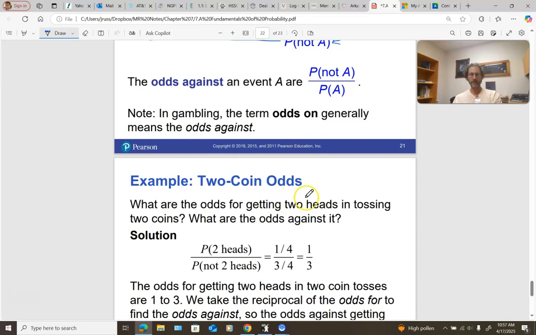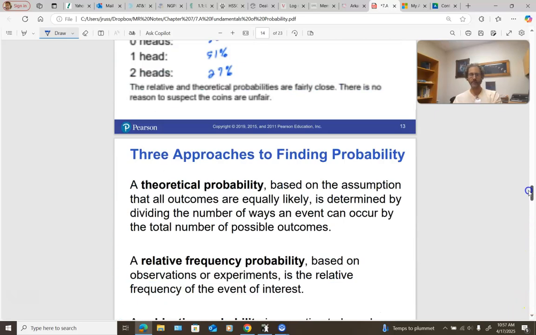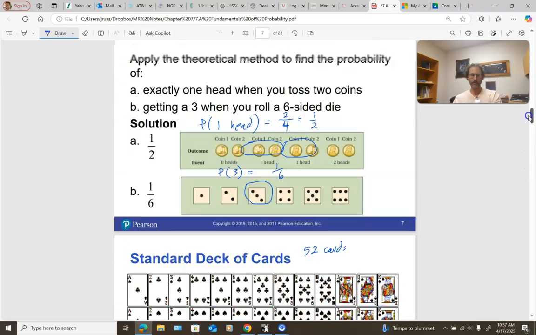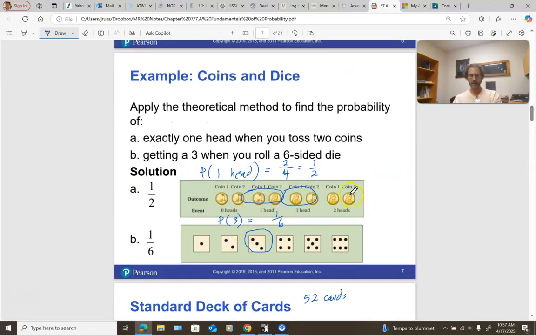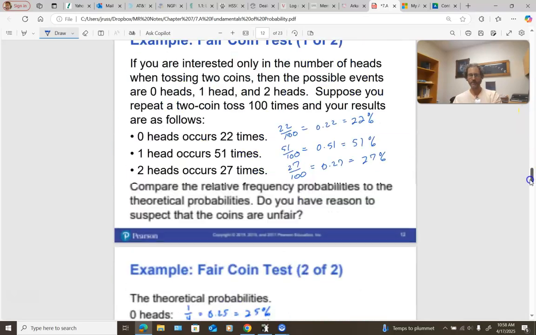What are the odds for getting 2 heads if you toss 2 coins? So this would be the probability that the event does occur. The probability of getting 2 heads, if you remember back in one of the previous slides way up here, of getting 2 heads, that's 1 out of 4, right? Because there's 4 different outcomes when you flip 2 coins.